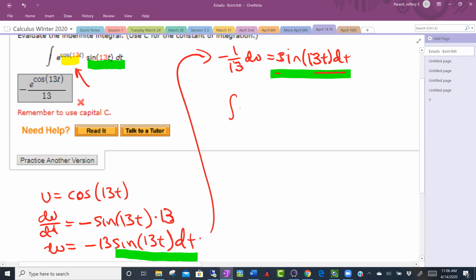So the integral of e to the u times negative 1/13 du. Now that negative 1/13 can come out in front times the integral of e to the u du.